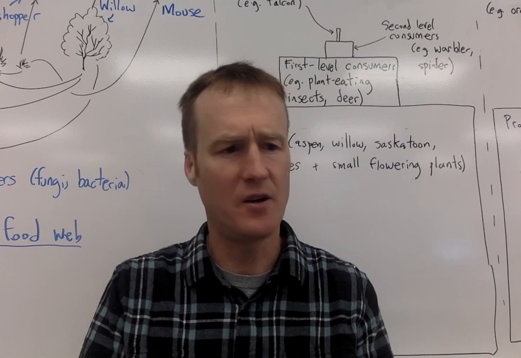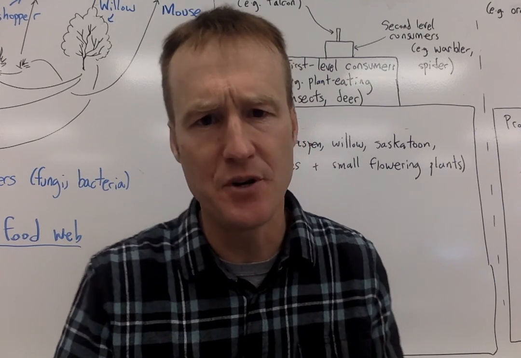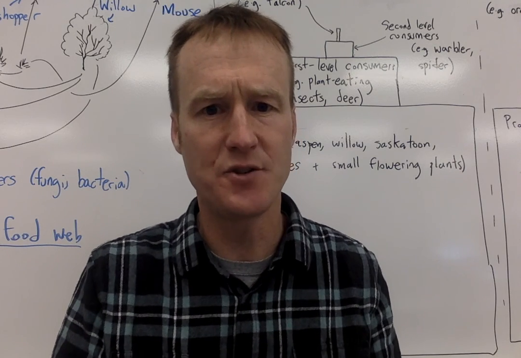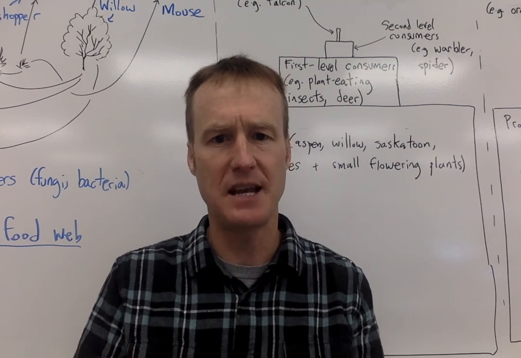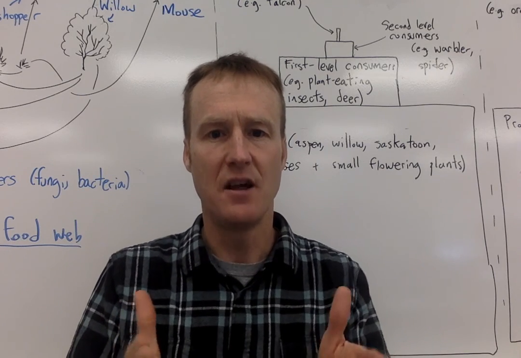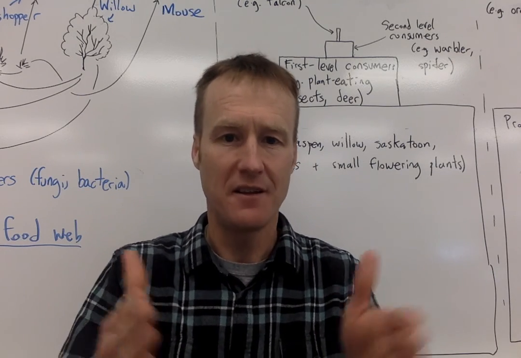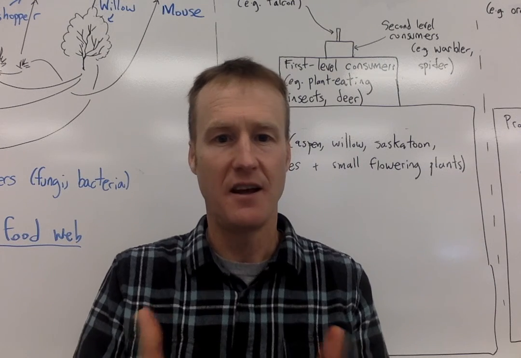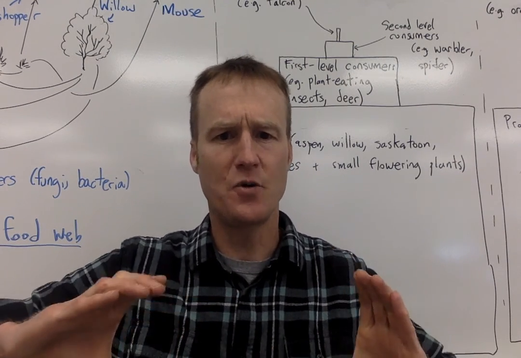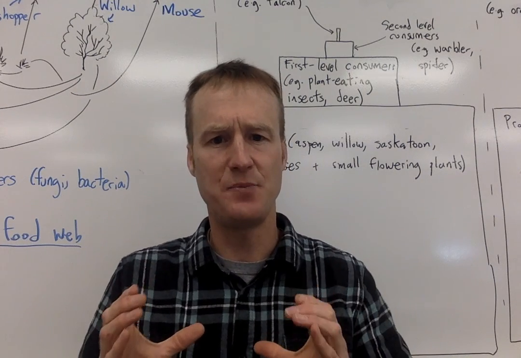It also includes things that eat producers, also called herbivores or first-level consumers. These are different names for the same thing, organisms that eat plants. And then you got what we think of as the predators, organisms that eat the organisms that eat plants. And then there's even predators that eat other predators. Those are shown as blocks inside your energy pyramid.